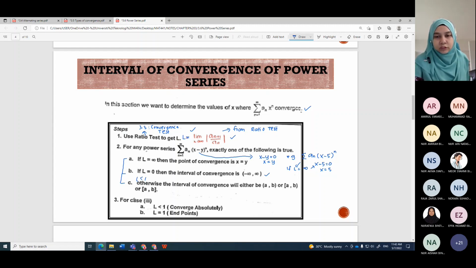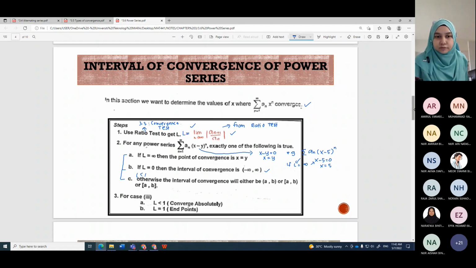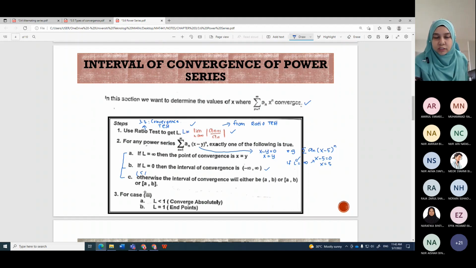The interval of convergence will be this interval: the open bracket a, b, or close bracket a and then until b, or we have close bracket a and b, the interval between a and b. For case 3, ni yang C lah.